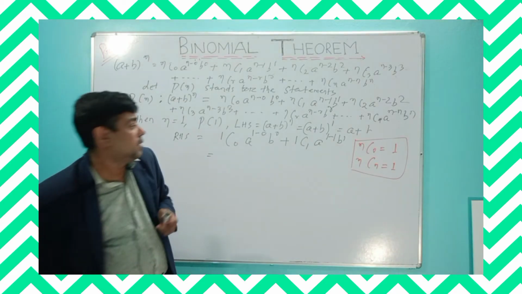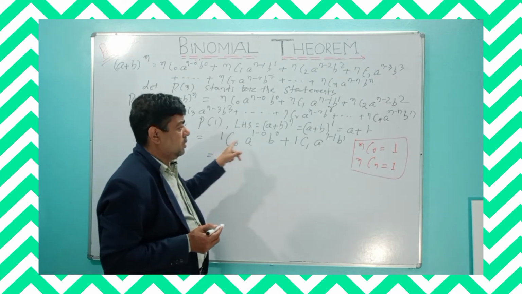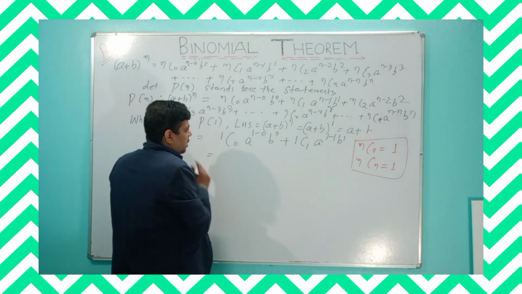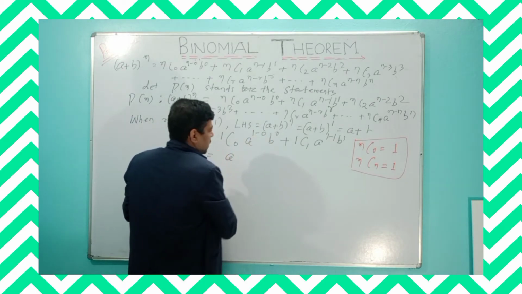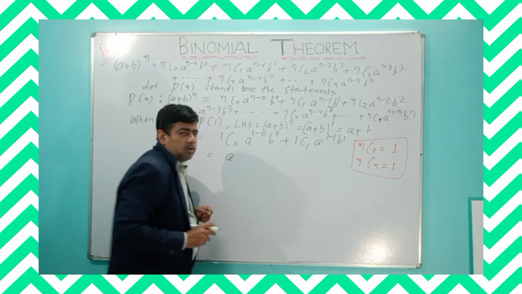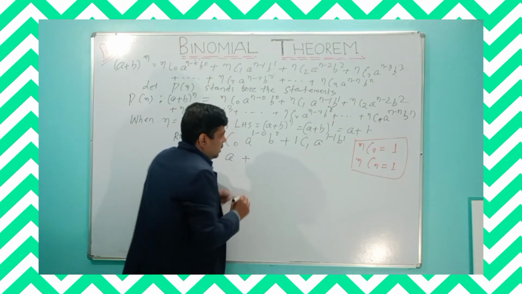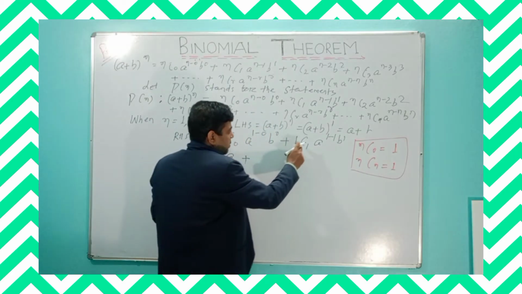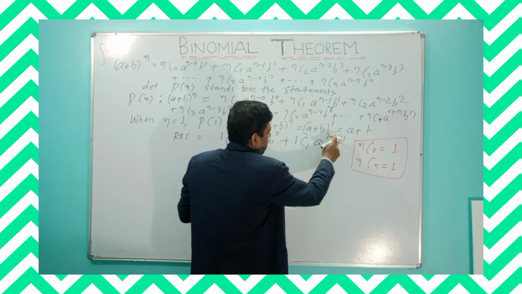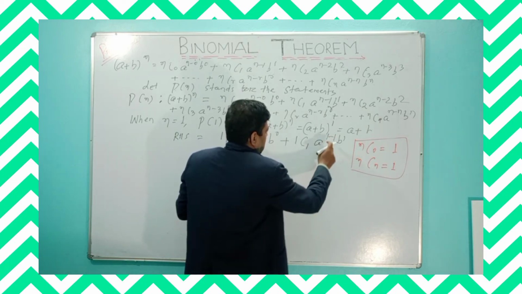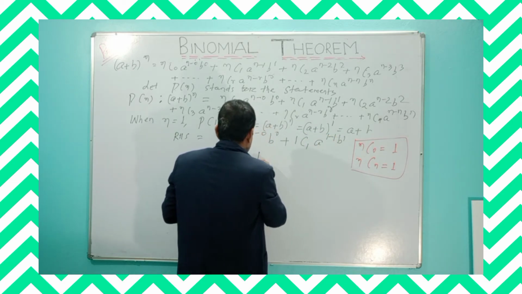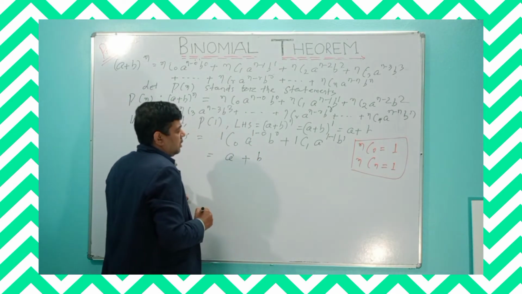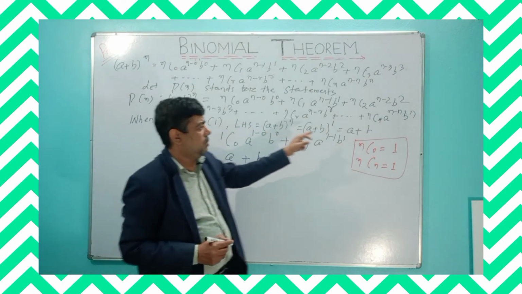So 1C0 has value 1, so it will be a^(1-0), which is a, and b^0 is 1, plus 1C1, which is 1, and a^(1-1) is a^0, which is 1, and b^1 is b. Understand or not?